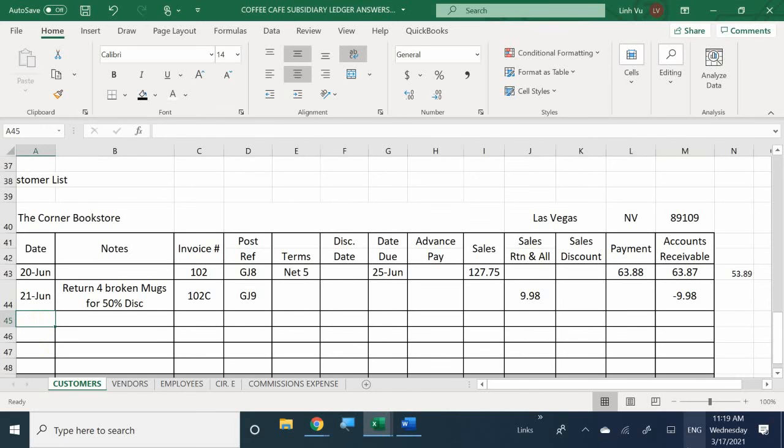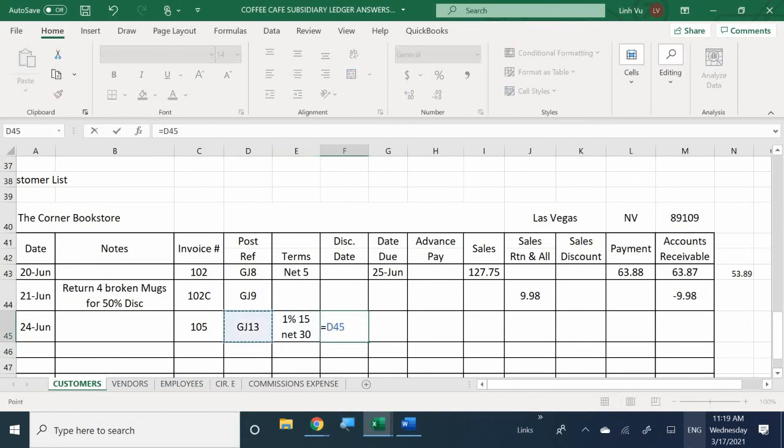Okay, nothing there. So this is invoice number 105, General Journal number 13. What were my terms? 1%, 15, net 30. So what's my discount date?